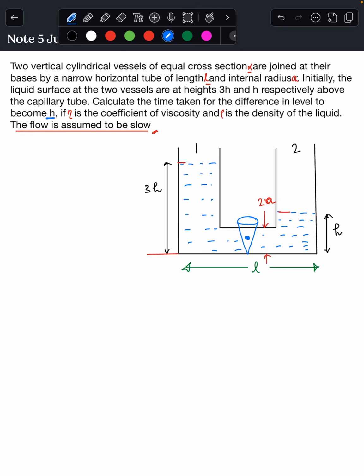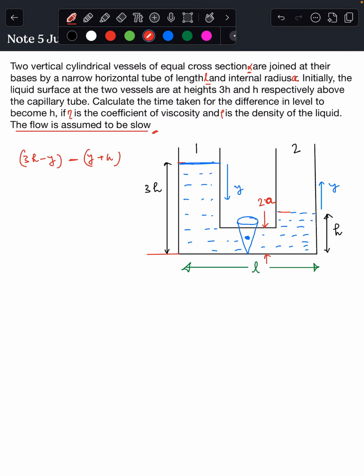So I can think in this way that if this particular layer comes down by y, then this will also move up by distance y. Then in that case, I can write that on the left side, the level will become 3h minus y. On the right side, the level will become y plus h.